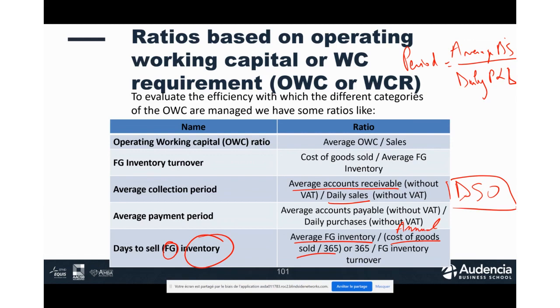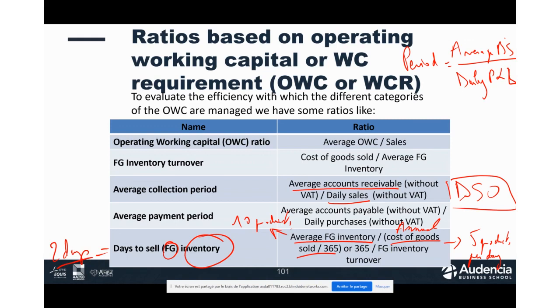In my inventory, I have 10 products. Every day, I sell 5 products per day. So now I have the total volume in my inventory and the products sold per day. I can say in 2 days, all the inventory is sold.